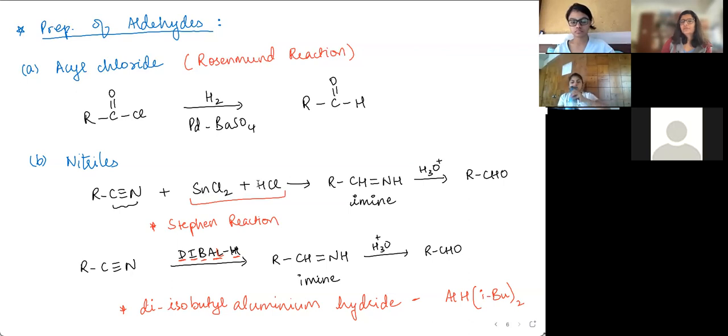This gives up a hydrogen, converting your nitrile into an amine, which on hydrolysis turns into CHO. Using Dibal H is the same mechanism. Aluminium hydride gives up the hydrogen, reduces it into an amine, which on hydrolysis gives you this.